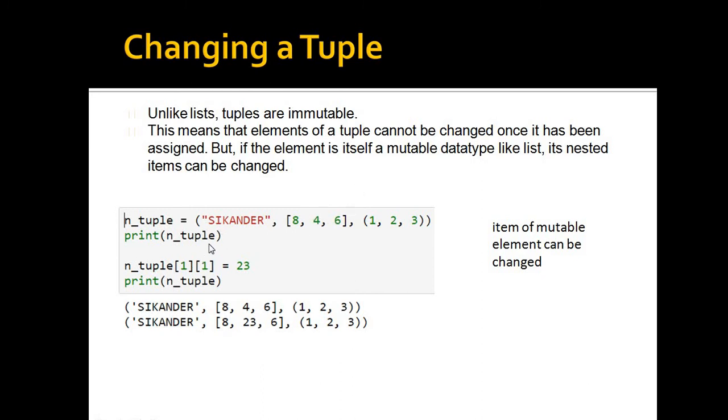When you print it, it will simply print. And when you change the value of this particular index, because it is a list, it allows you, because an item of a mutable element can be changed. So here is a new feature of tuple. As tuples are immutable, you cannot change the values, but if you are using a list inside the tuple, then you can change the value of that list.